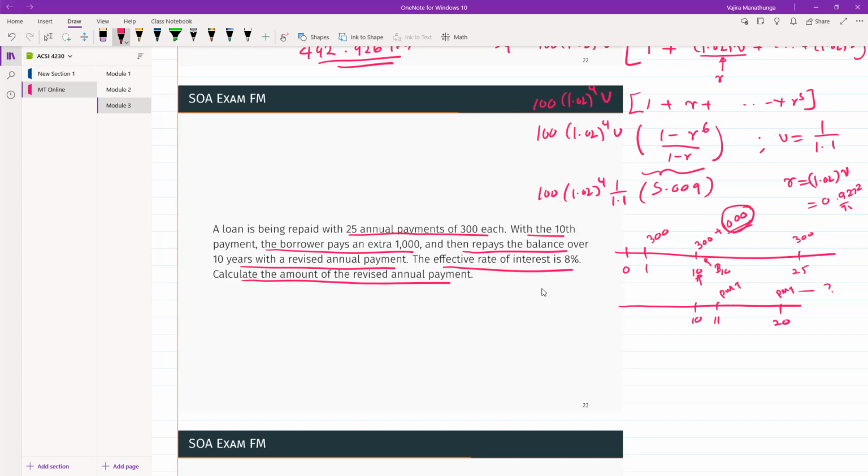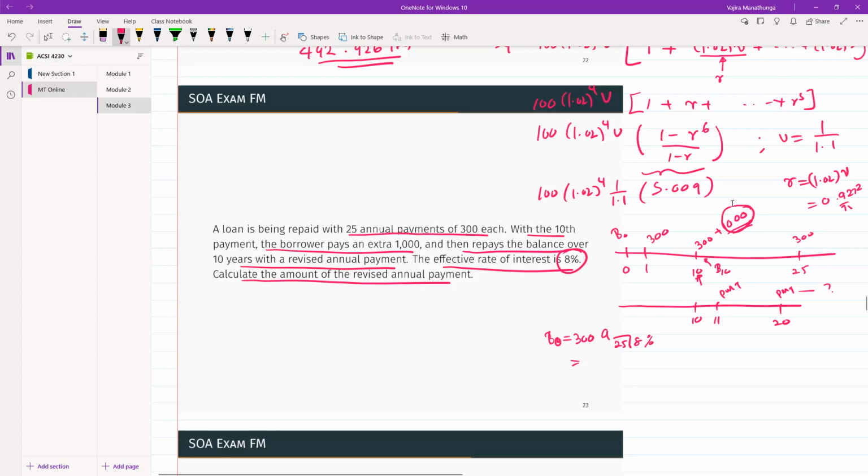Okay. Let's first get the original loan balance, B0. So B0 is basically 300. There are 25 at rate of, what's the rate? 8%. Okay, so this is B0, original loan amount.